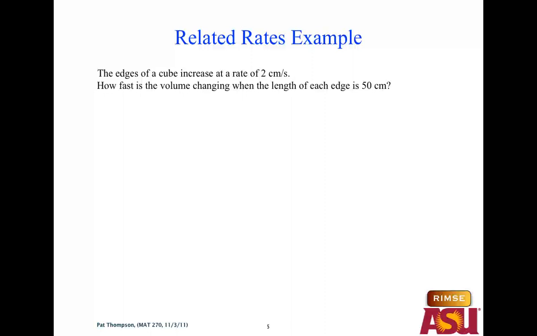Right, so the rate of change of the edges of the cube with respect to time, and the rate of change of volume. So where is that rate of change function going to come from? The volume. Okay, so can you say more? If we want to relate the rate of change of volume with the rate of change of edge length, what do we need to do that?